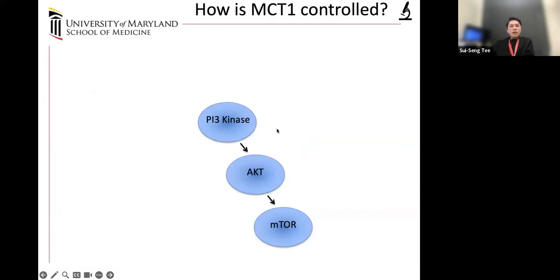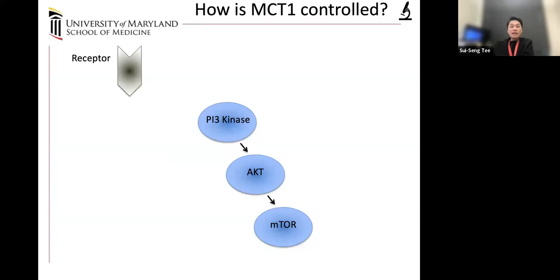I then went on to ask, how is MCT1 controlled? Remember, as metazoans, growth factor signaling plays a big part in controlling metabolism. So I zoomed in on the PI3 kinase AKT-mTOR pathway. This is a classical receptor tyrosine kinase signaling pathway, where a receptor is activated when there is an extracellular signal.